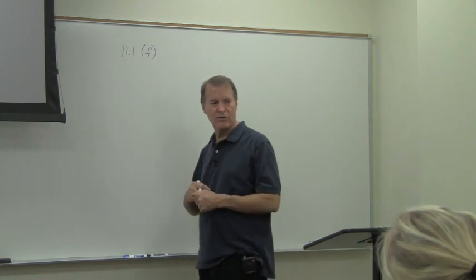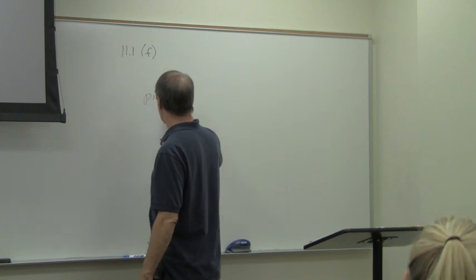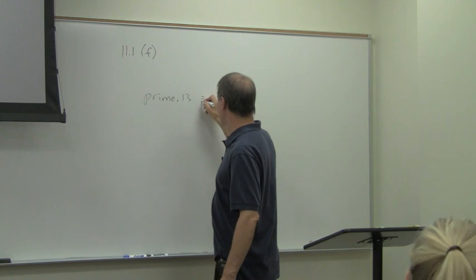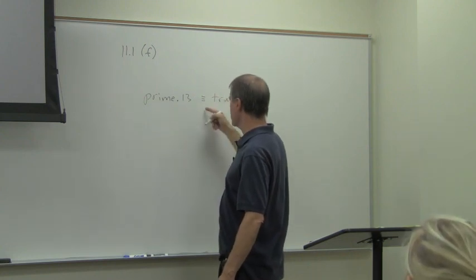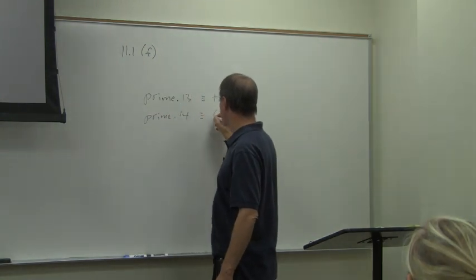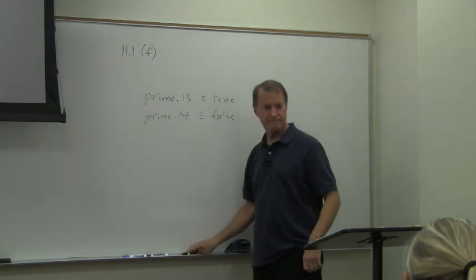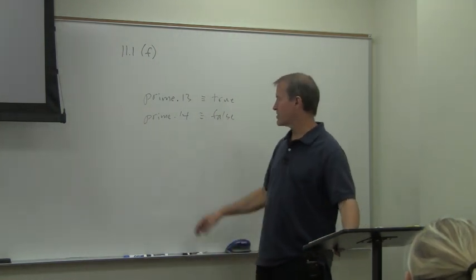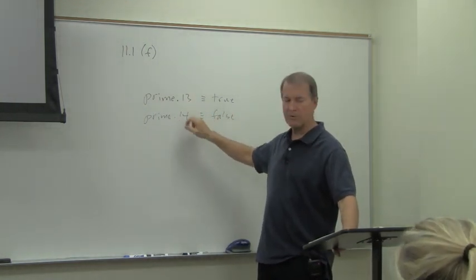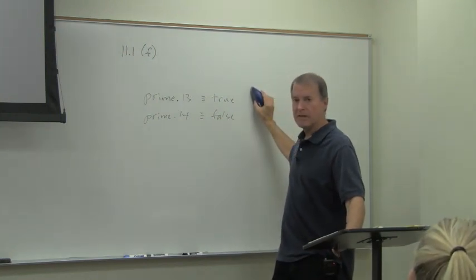But you understand that prime.13 equals true, because 13 is a prime number, and prime.14 equals false. What's the definition of a predicate? A function that returns type Boolean, and that's what prime is. It returns true or false, depending on whether that's a prime number. Are we allowed to use that then? Yes.